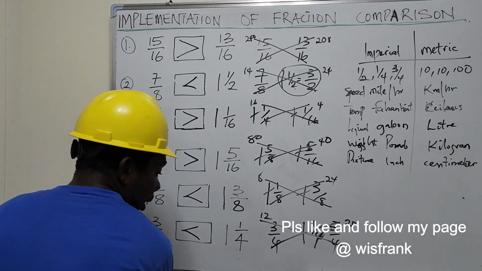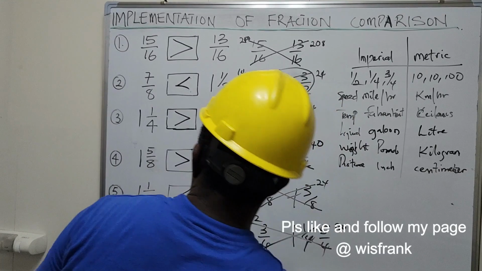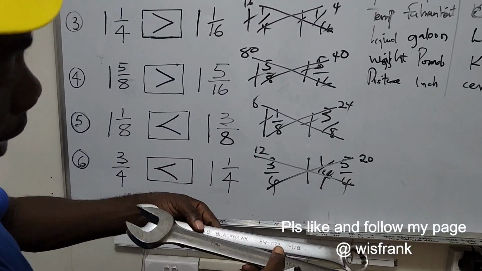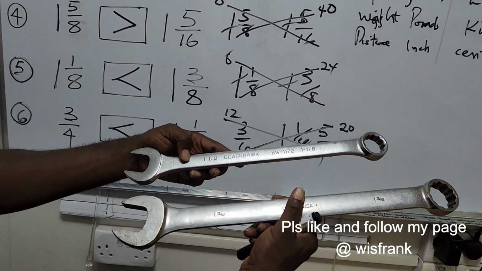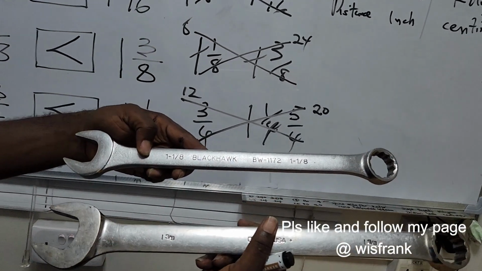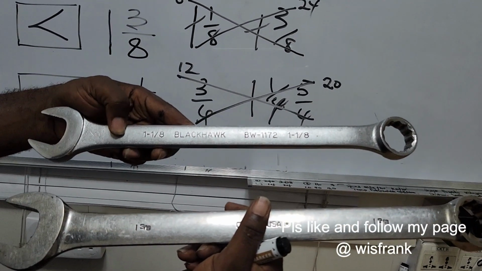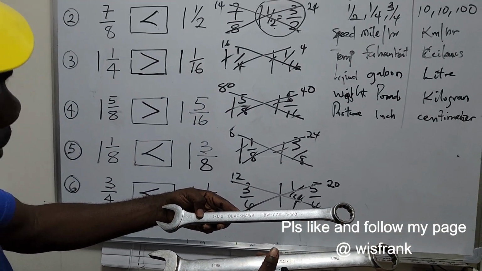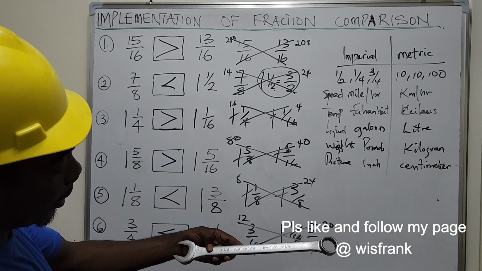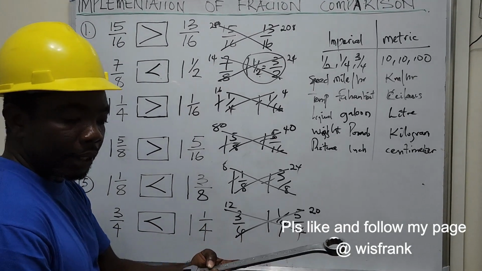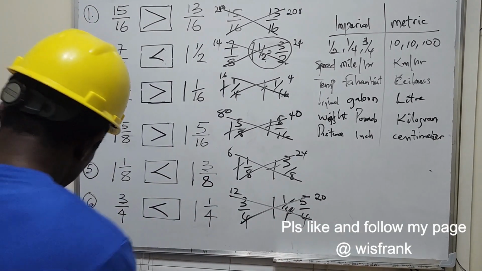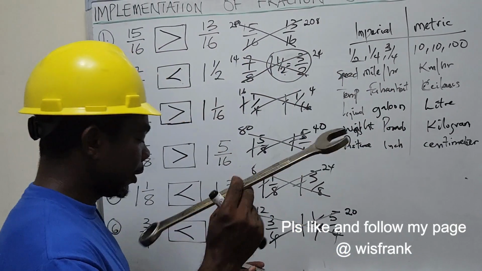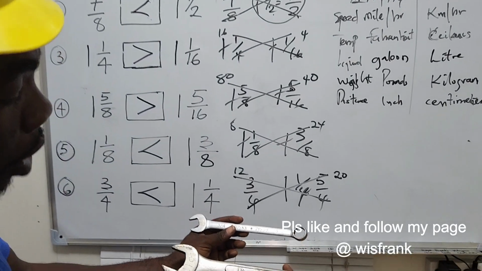So the fifth one is 1/8 and 3/8. Two of them are here. We can all see that 1/8 is less than 3/8. So these two spanners are here, and we can all see. Then the last but not the least, we have 3/4 and 1 1/4.